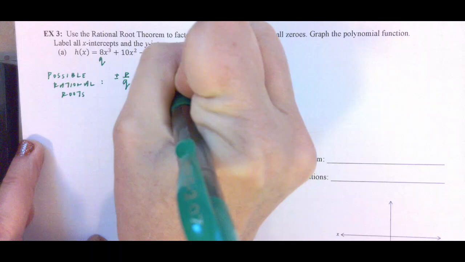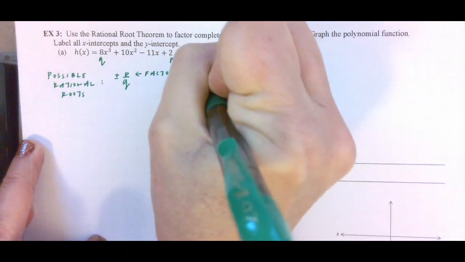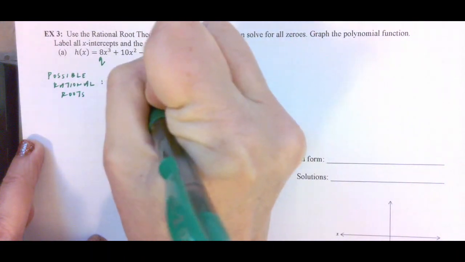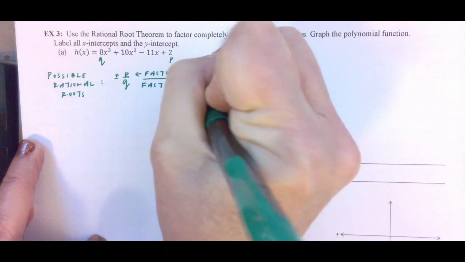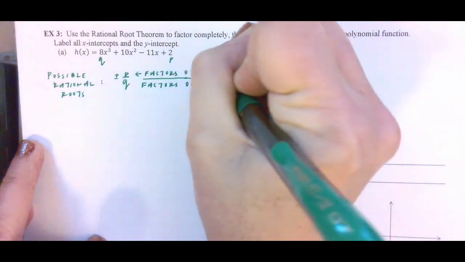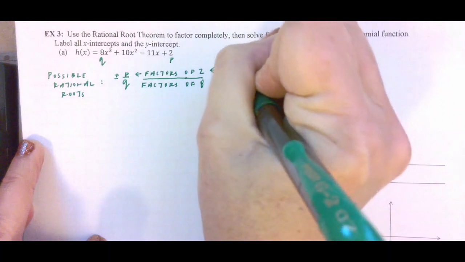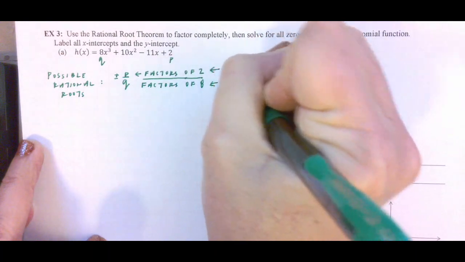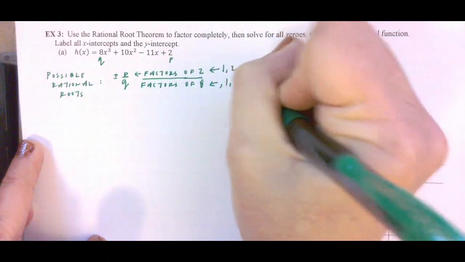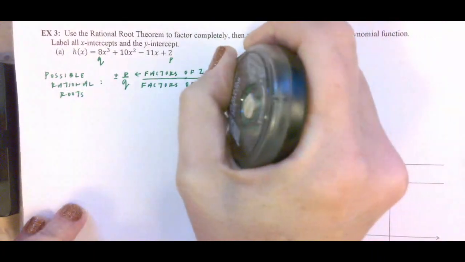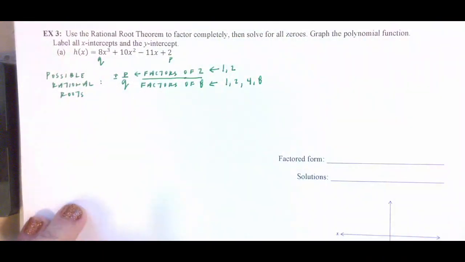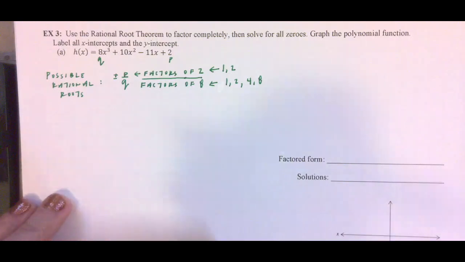So here factors of 2 over factors of 8. So for 2, that could be 1 or 2, and for 8, that could be 1, 2, 4, or 8. So I'm looking at all of my different combinations thereof.